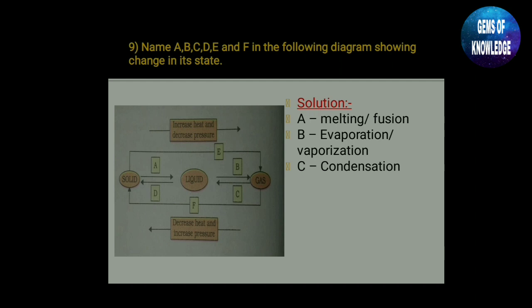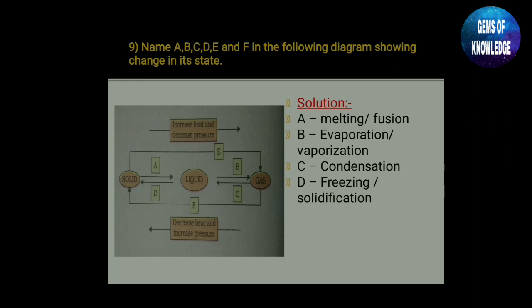Okay. Then D. D is from liquid to solid. So from liquid to solid. How can we convert liquid to solid? By freezing that liquid, we can make it into ice. Or we can say solidification. This is the process called solidification, or in simple language we can say freezing also.